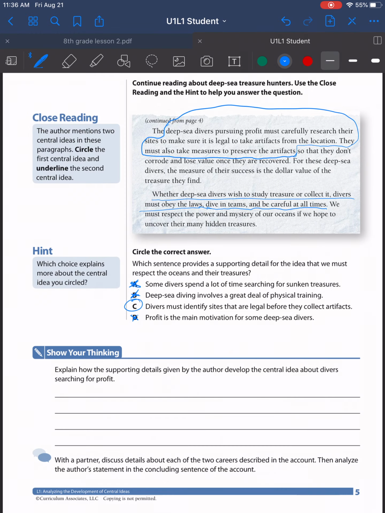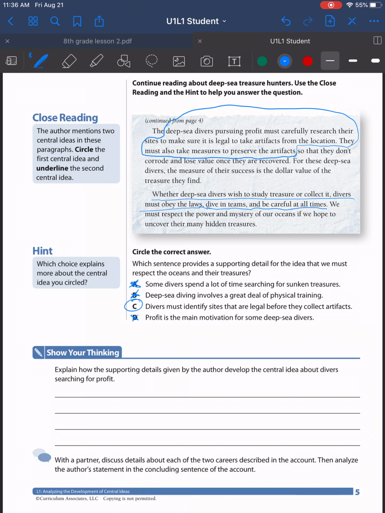Okay, show your thinking. Explain how the supporting details given by the author develop the central idea about divers searching for profit. Okay, let's reread that so that we really understand what it's asking.